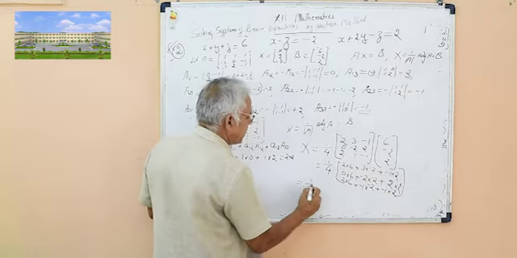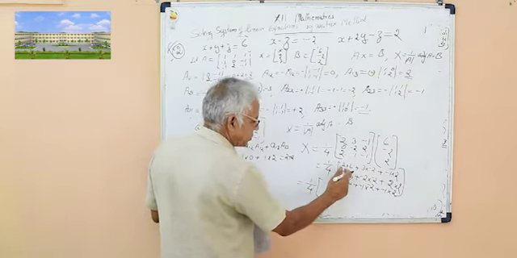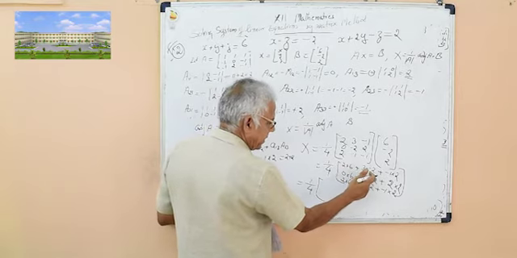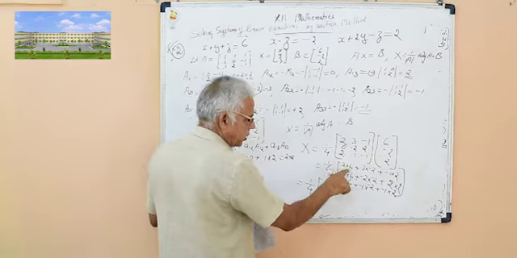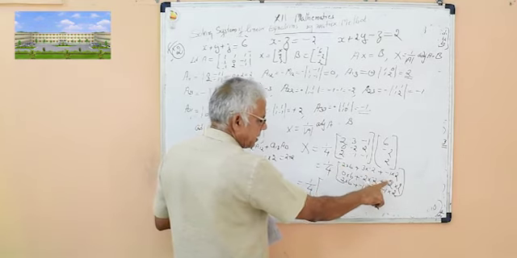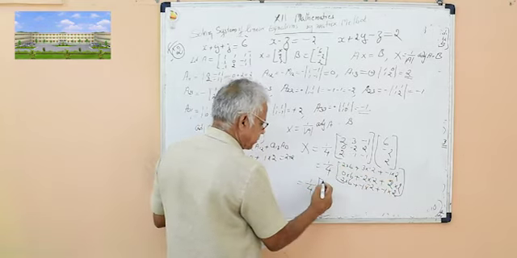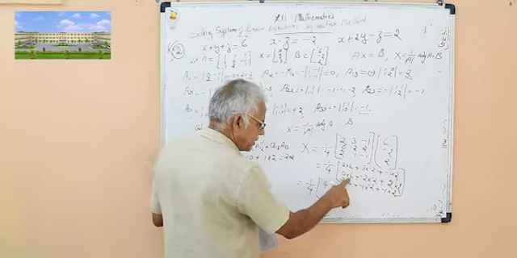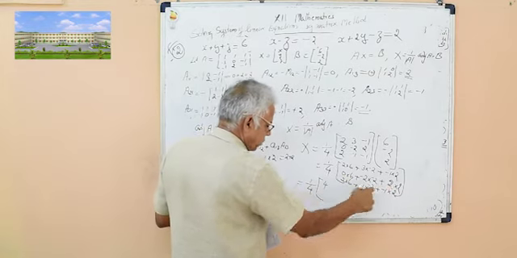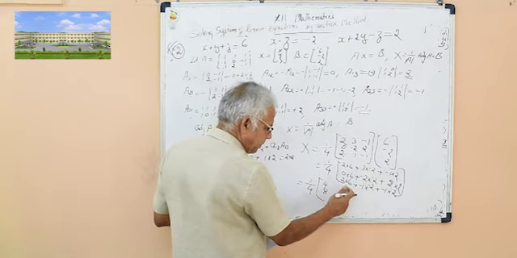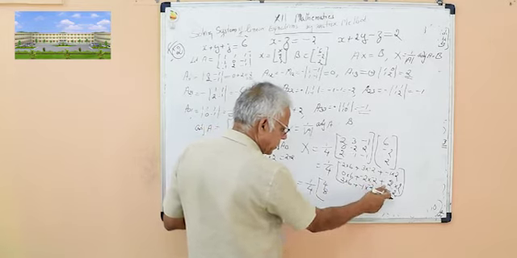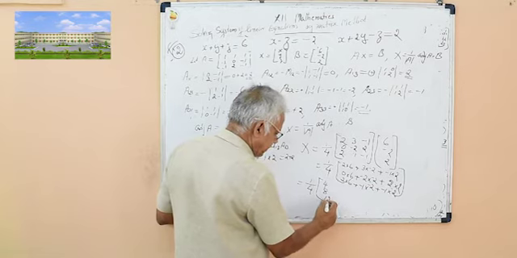Simplifying, the answer is 1 by 4 into: 12 minus 6 minus 2, which is 4. Then 0 plus 4 plus 4, which is 8. Then 12 plus 2 minus 2, the 2s cancel, giving 12.